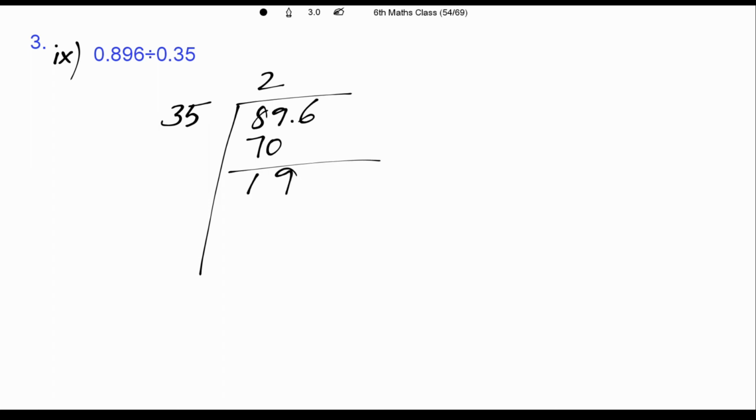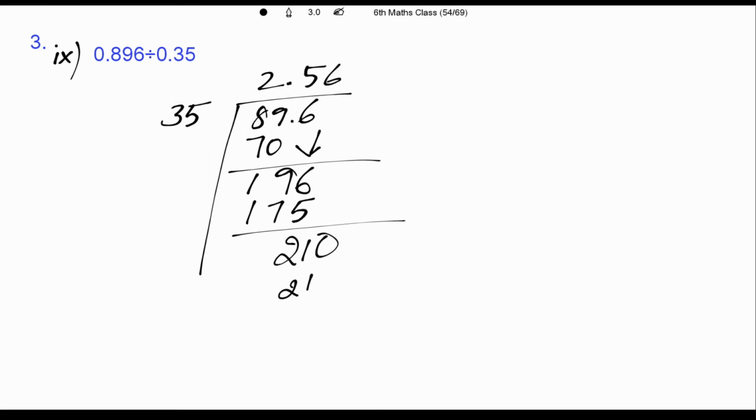And 9 here, 196 after taking down 6. So keeping the point here. 35 5s are 175. So the remaining is 210. 35 6s are 210. That is equal to 0. Here the quotient is 2.56. Remainder is 0.